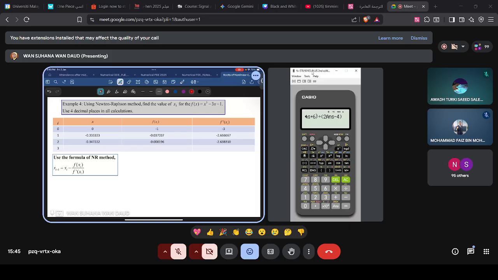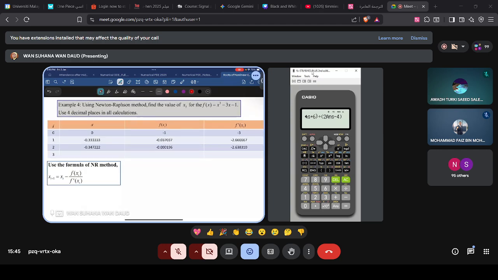Okay. For this next question, read the question. Using Newton-Raphson method, find the value of x3 for f(x) equal to x cubed minus 3x minus 1. Use 4 decimal places in all calculation.